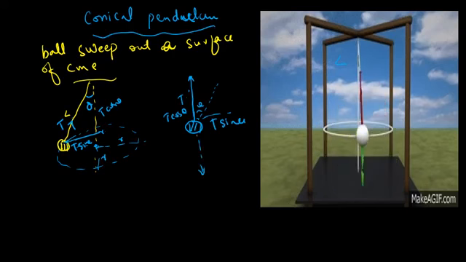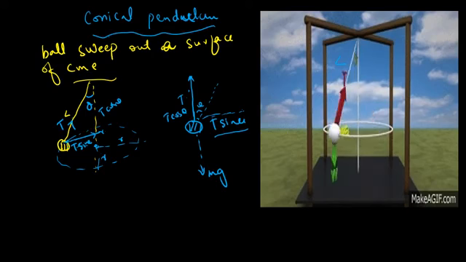Downward is the force of gravity mg. The centripetal force is provided by the T sin theta component of the tension, because this component is directed towards the center of the circle. So T sin theta is responsible for this ball moving in a circular path.